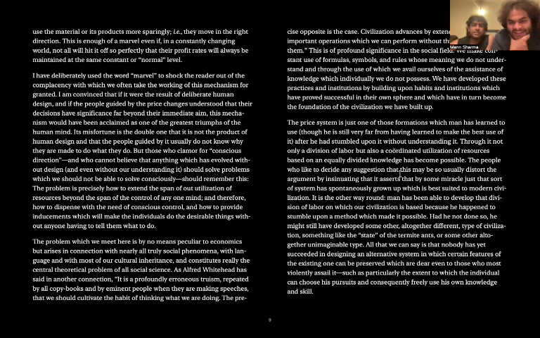The price system is just one of those formations which man has learned to use, though he's still very far from having learned to make best use of it. After he had stumbled upon it without understanding it, not only a division of labor, but also a coordinated utilization of resources based on equally divided knowledge has become possible.